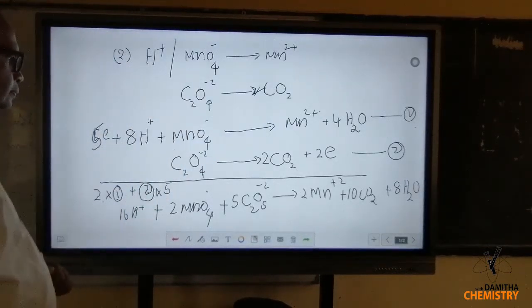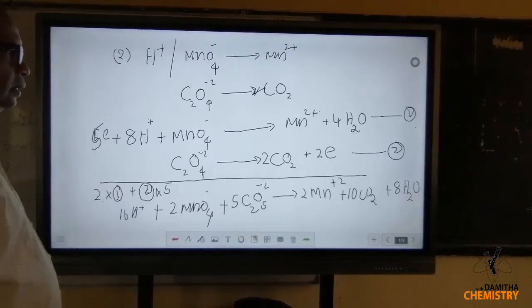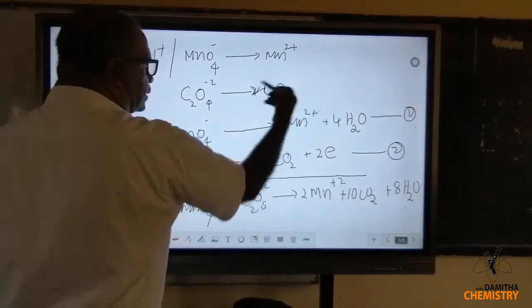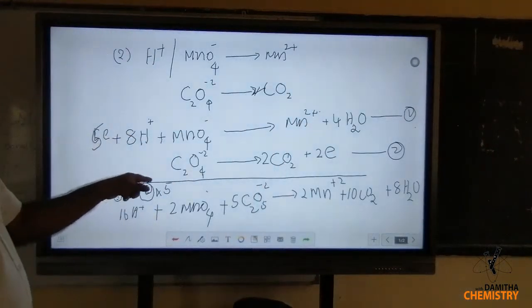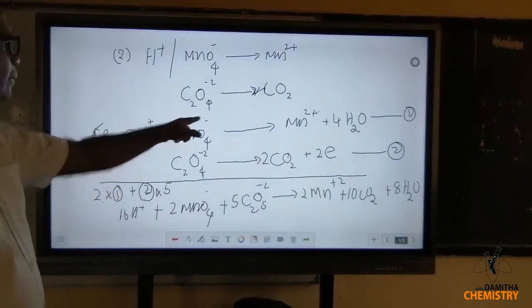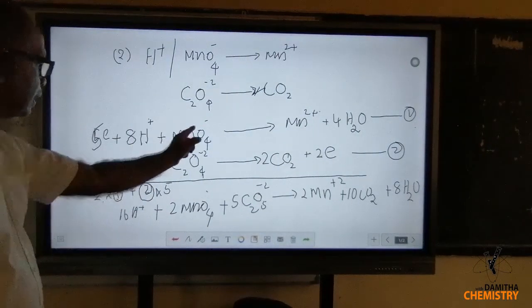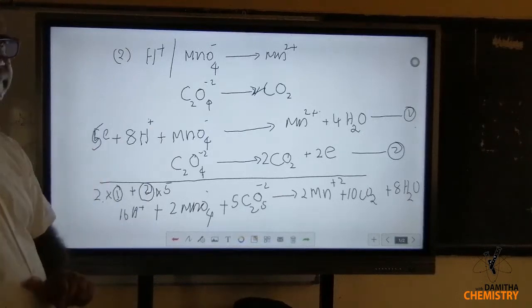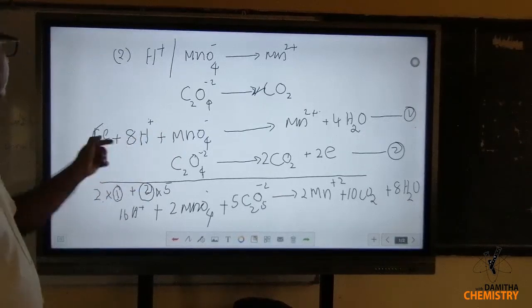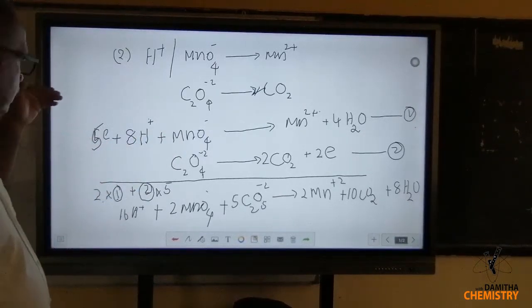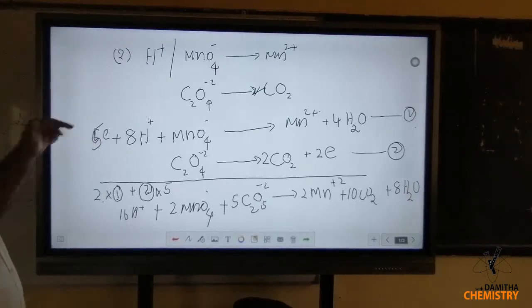After that, charges: the right is plus 2, the left is plus 8 and minus 1, giving plus 7. Then balance with 5e-, added on the left hand side.